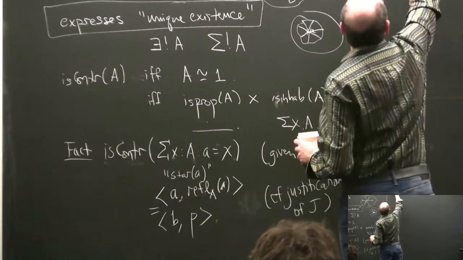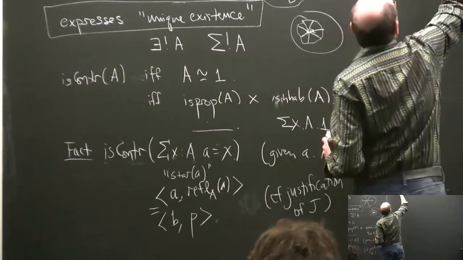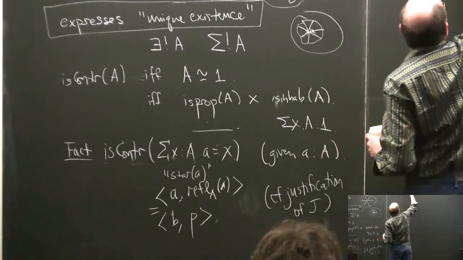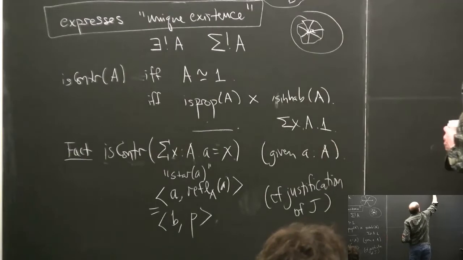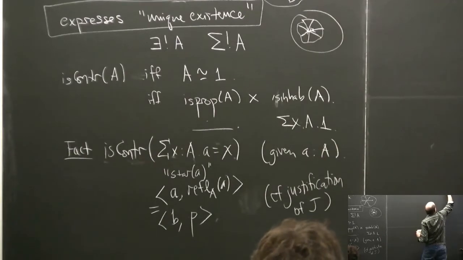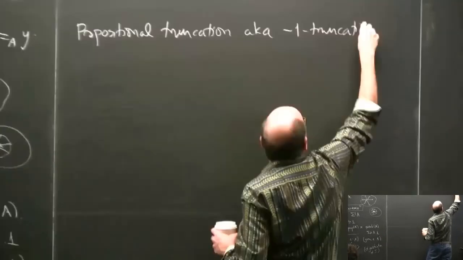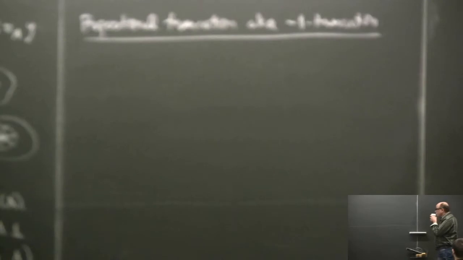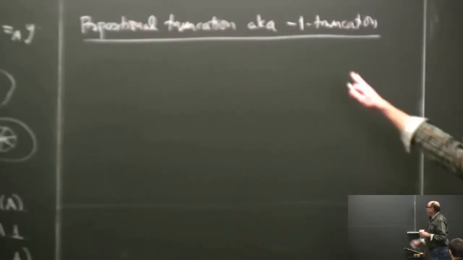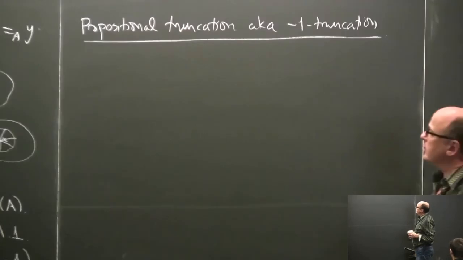So this will be what is called the special case of the propositional truncation, which is also known as the -1 truncation, because once you have that numbering, propositional in the technical sense of the word corresponds to the homotopy level -1, so it's also called the -1 truncation.